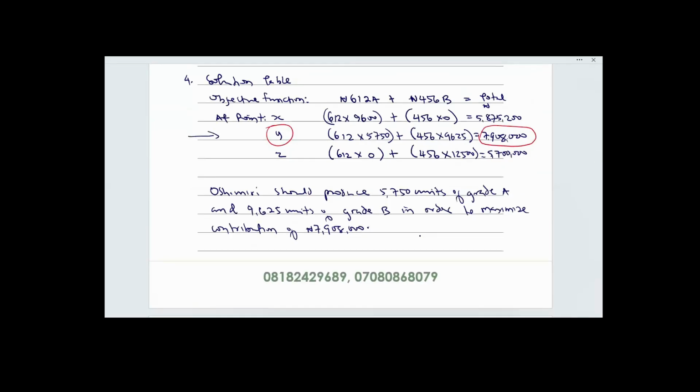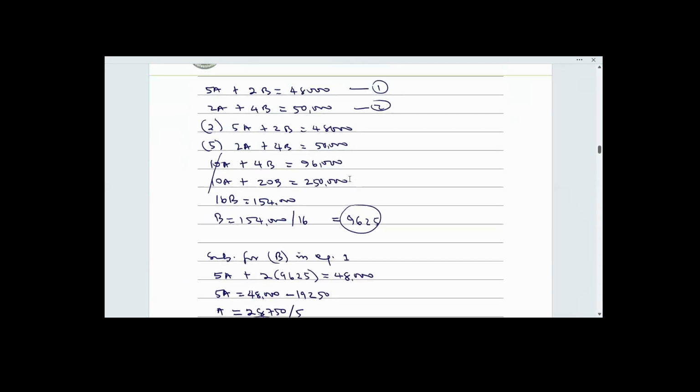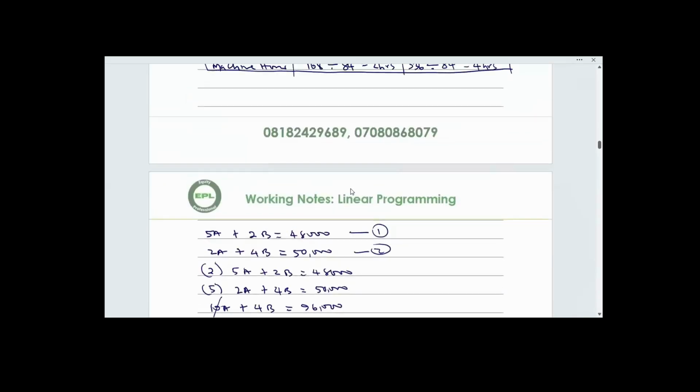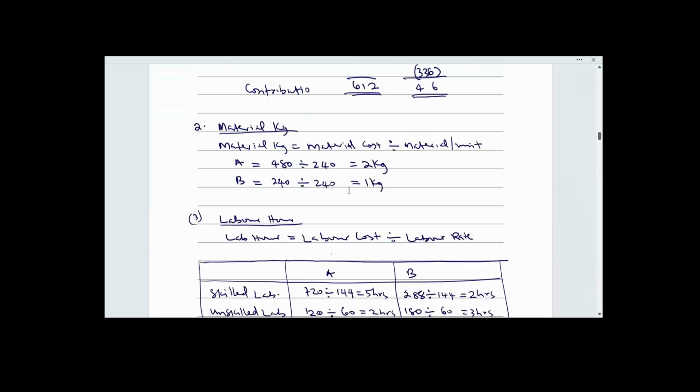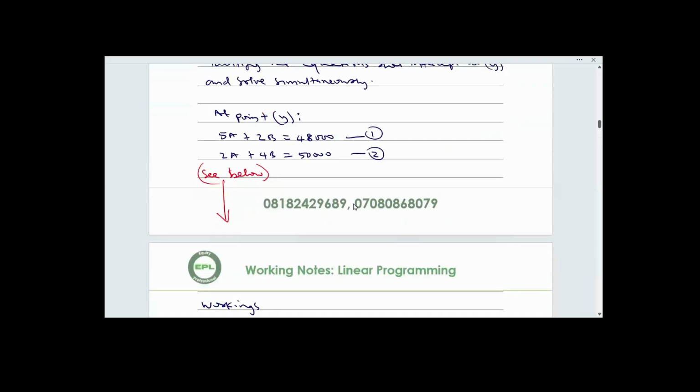So what are the equations that intercepted at point Y? Equation 5A plus 2B equal to 48,000, and equation 2A plus 4B equal to 50,000. That's the equation at point Y.